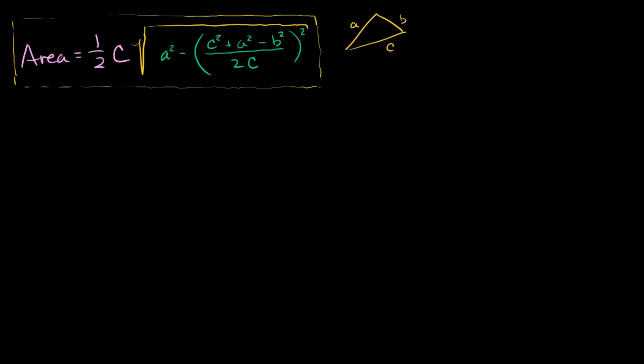So the first thing we want to do, let's just bring this 1/2 c under the radical sign. So 1/2 c, that's the same thing as the square root of c squared over 4. You take the square root of that, you get 1/2 c.